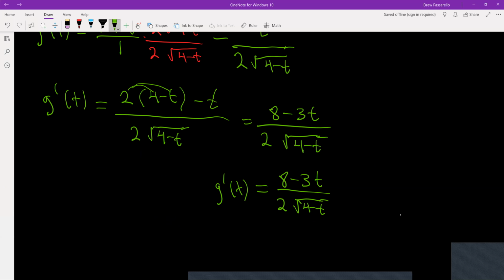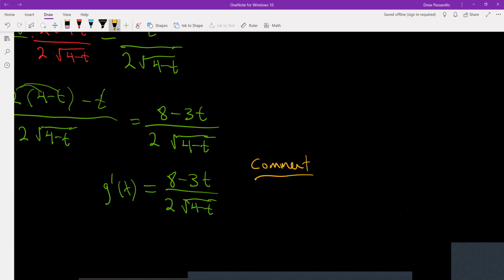Now, I'll say a comment. We know if t was 4, then you'd have 2 times square root of 4 minus t, that's going to be 4 minus 4, which is 0.